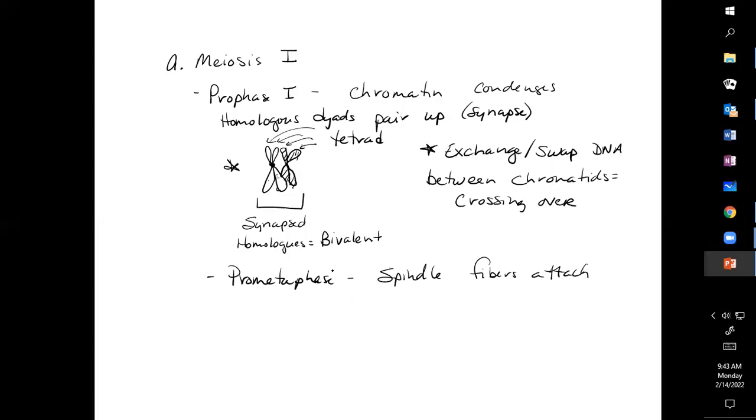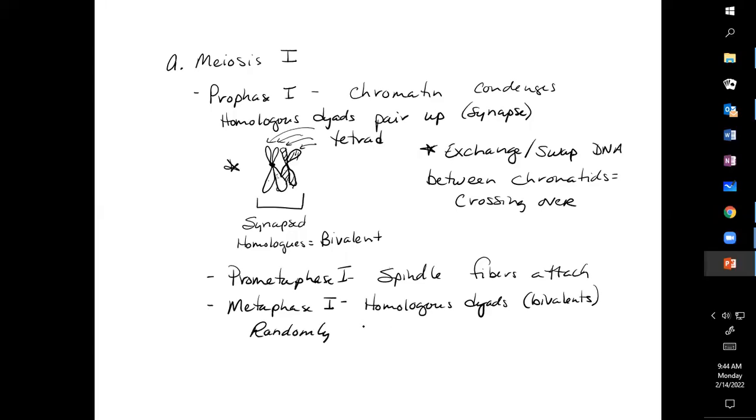And during metaphase 1, so this is prophase 1, prometaphase 1, and during metaphase 1, the bivalents, those paired up dyads, so the homologous dyads, or the bivalents, randomly line up on the metaphase plate in pairs.